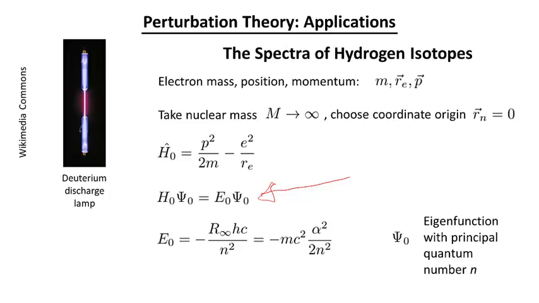In other words, although perturbation theory is often applied to the ground states of systems, it's not restricted to those, and in this case we can apply it to any eigenfunction of the original Hamiltonian, that is, to a state with any principal quantum number greater than or equal to 1.